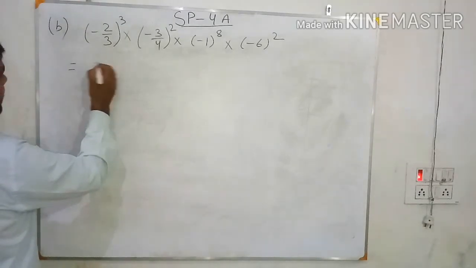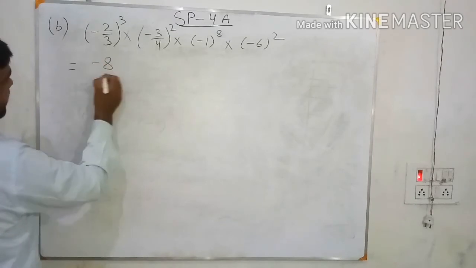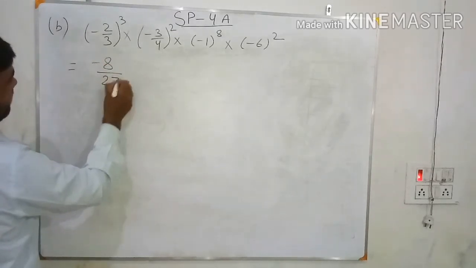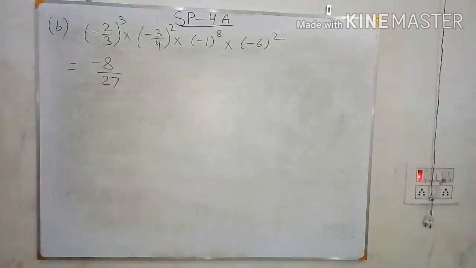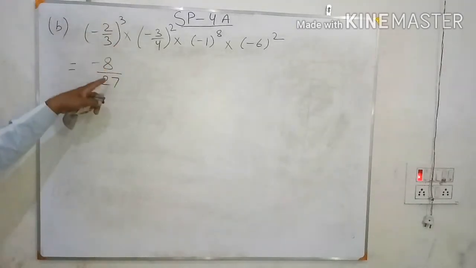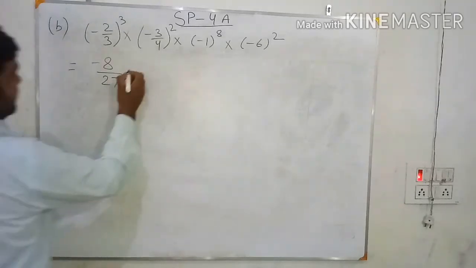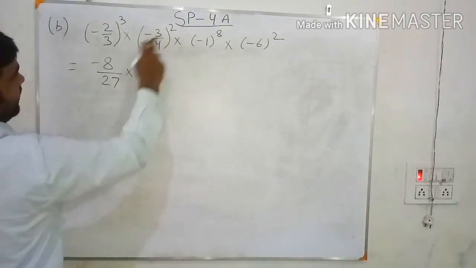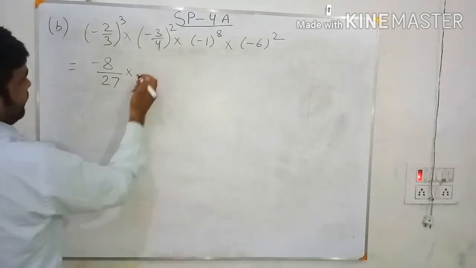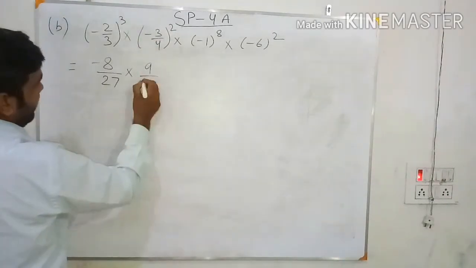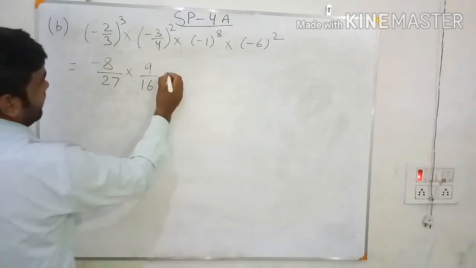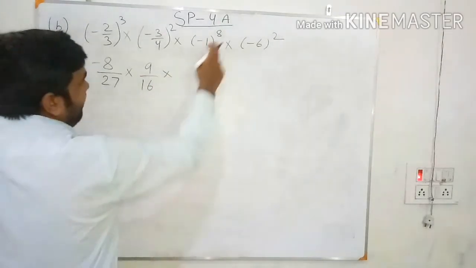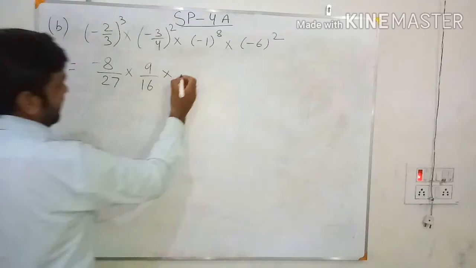So here I will write minus, because base negative, power odd, so you will get the negative value. 3 cube is 27. When you multiply 2 three times you will get 8, and 3 three times you will get 27. Similarly here base negative, power even, so you will get the value positive only. So what you will get? 3 square is 9, 4 square is 16. Here base negative, power even. So you will get the positive only, that is 1.